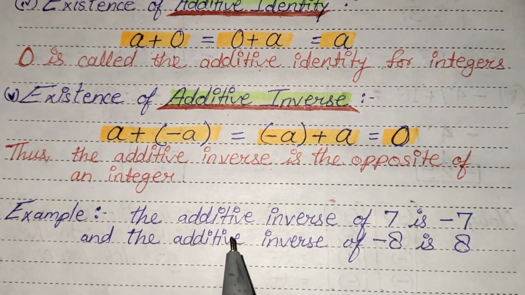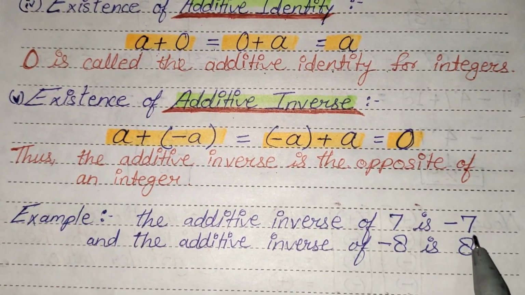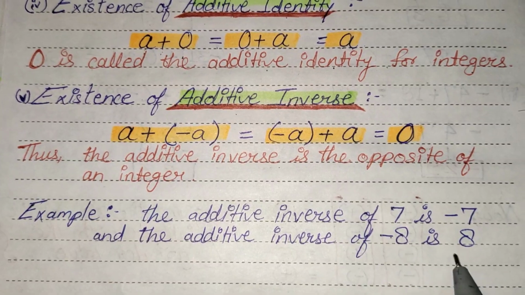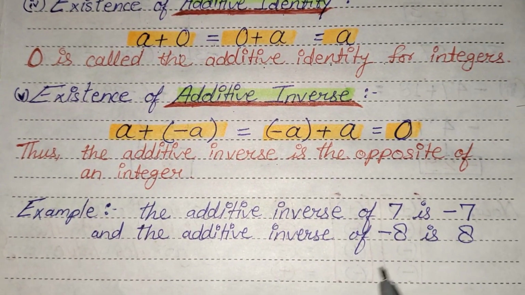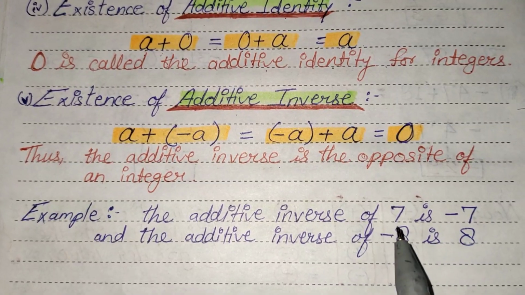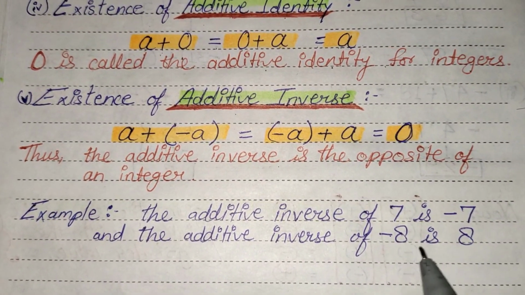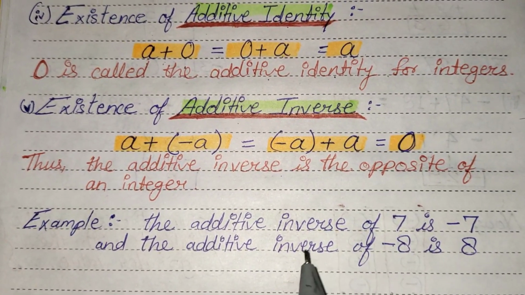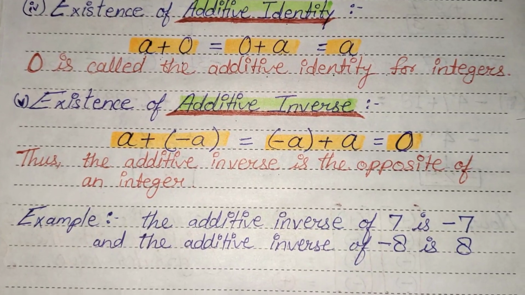For example, the additive inverse of plus 7 is minus 7, and the additive inverse of minus 8 is plus 8. It simply changes its sign. This is called the additive inverse.